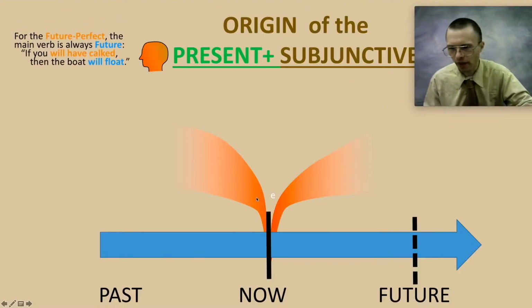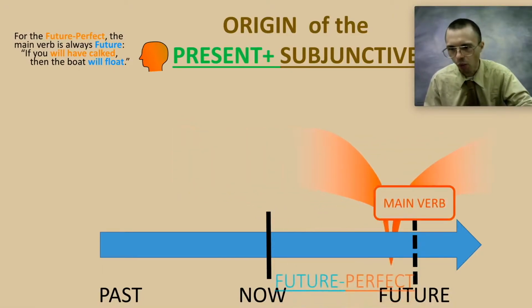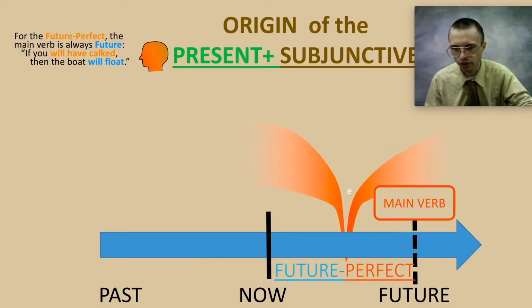All right, so how did this present backward-looking subjunctive occur? Well, it really was the future perfect to begin with. The future perfect occurs in a very limited situation with the future: if you will have blanked, then something will blank.